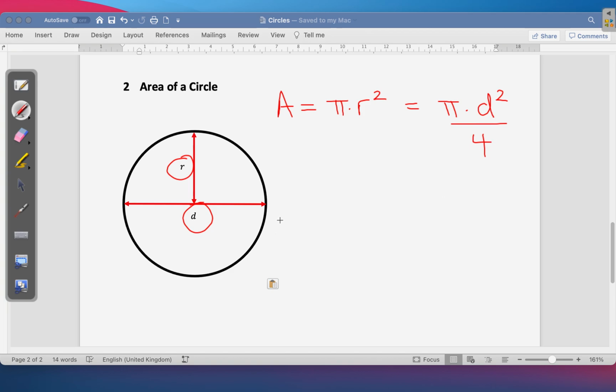Let's say for example our radius is 5 centimetres again. We know that our diameter is twice the radius, so that's going to be 10 centimetres, because 5 times 2 is 10. If we want to work out the area, we'll use the radius again.